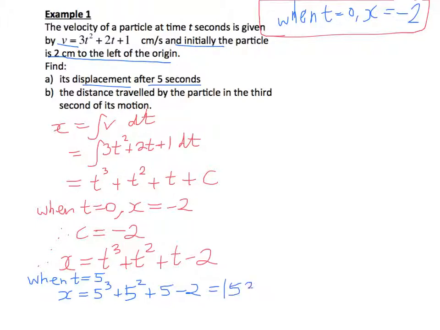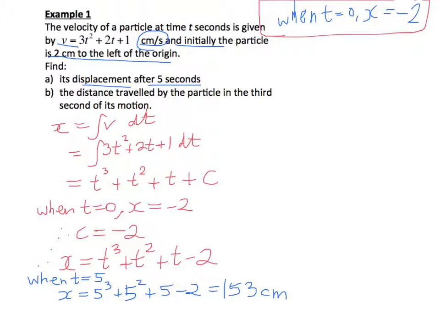And what units was this in? Okay, velocity is in centimetres per second, so that means displacement is just going to be centimetres. Alright, so to answer the question, find its displacement after 5 seconds. So after 5 seconds, the particle is 153 centimetres to the right of the origin.